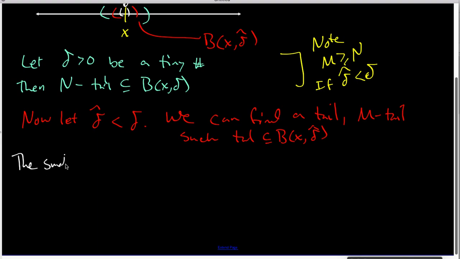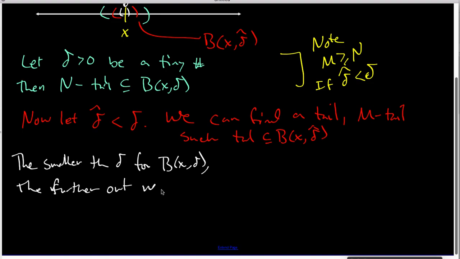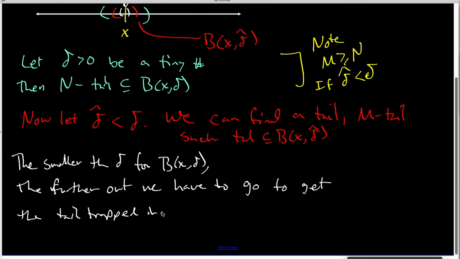So let's get that written down. The smaller the delta for the delta ball, the further out we have to go to get the tail trapped inside our delta ball.